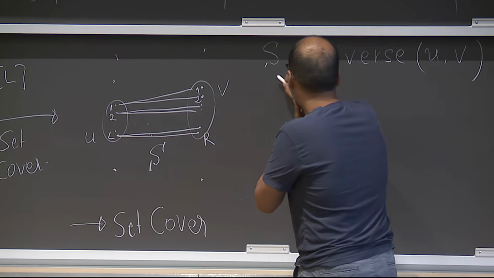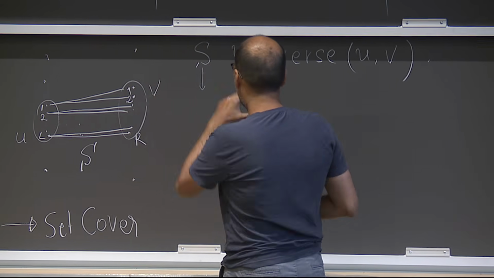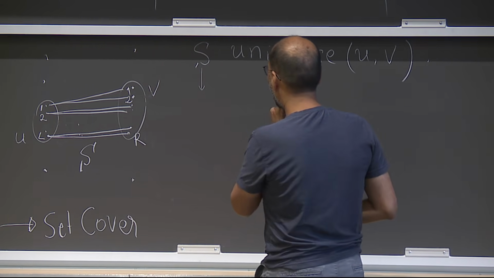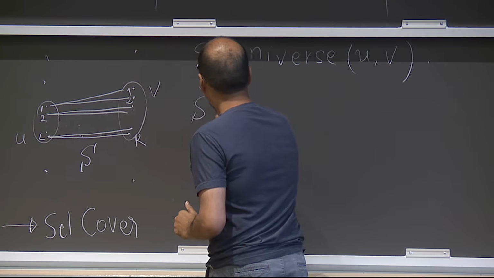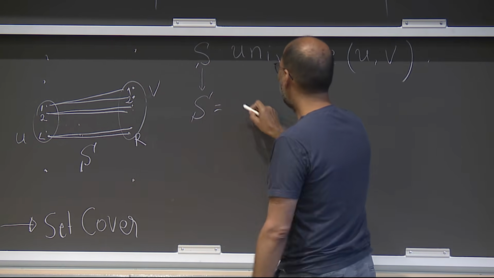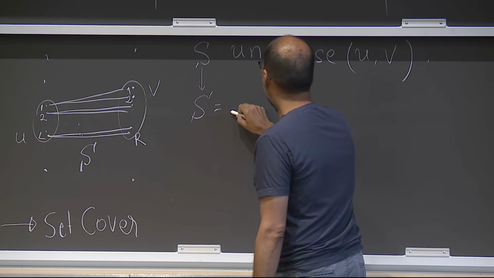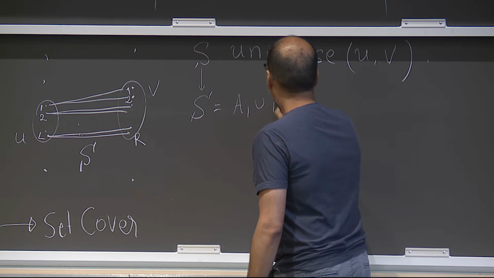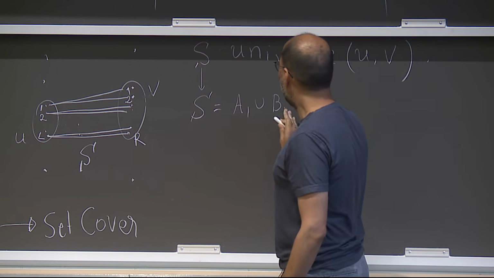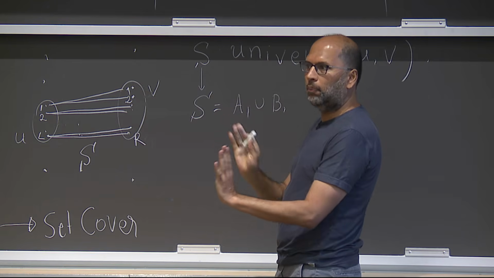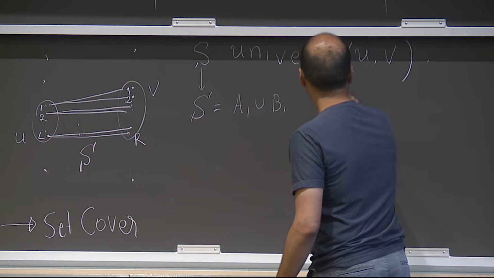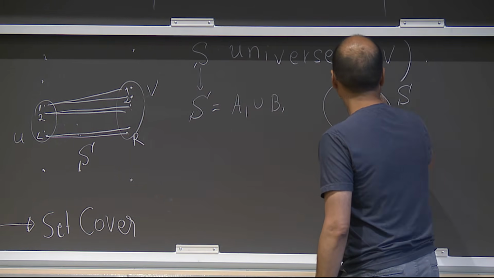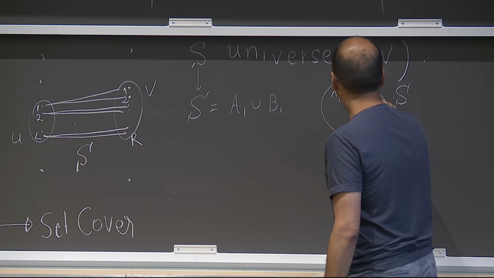So you take some universe and construct a collection of sets with the property that, and these come in pairs, the set is partitioned into 2 pieces called A1, B1. So that's one partition. So this is the universe scripted S. So maybe it's something like this, A1, B1, right?